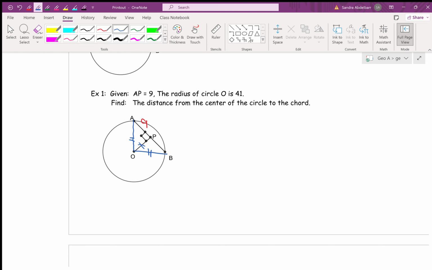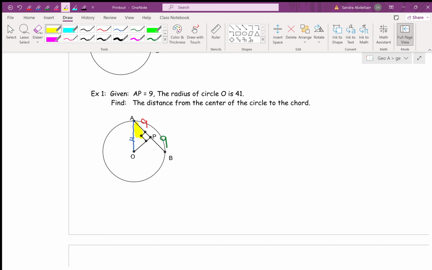Omar? HL. These 2 triangles are congruent by hypotenuse leg. So my whole point in doing this is to show you, since these 2 triangles are congruent, if AP is 9, is BP also 9? Yeah, that was my whole point, to show you that this perpendicular also ended up bisecting. So now let's just use one of these triangles.